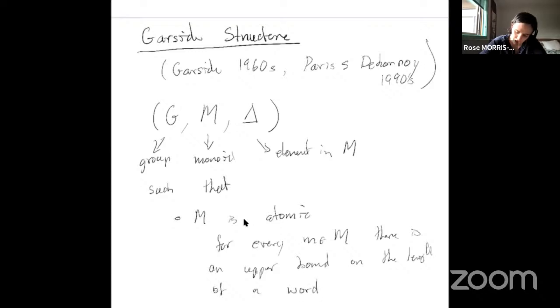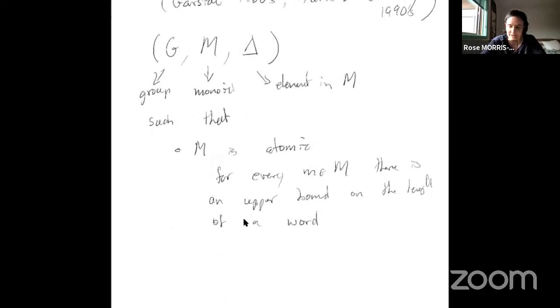This is called atomic because you can also phrase this as there are elements that are like the generators, which are always written by a word of length 1. They can't be written by longer words. All right, so M is atomic.